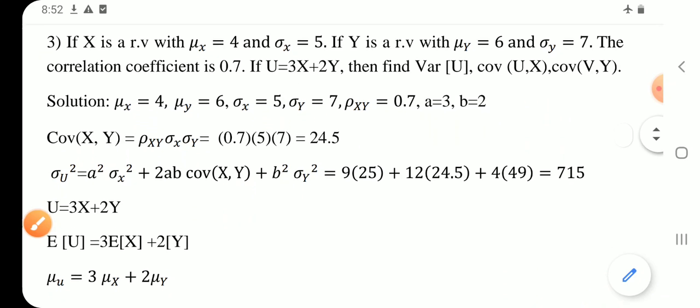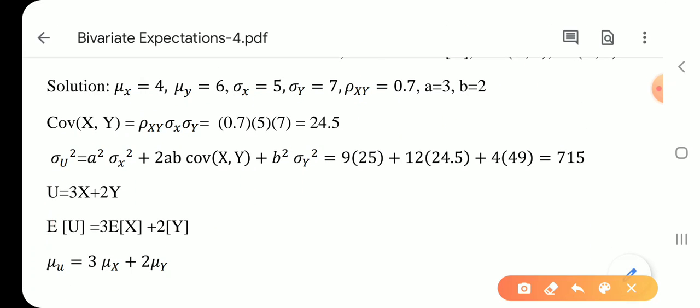Once we get the value of covariance of xy, let us find the value of sigma u square, which is given by the formula a square into sigma x square plus 2ab into covariance of xy plus b square into sigma y square.